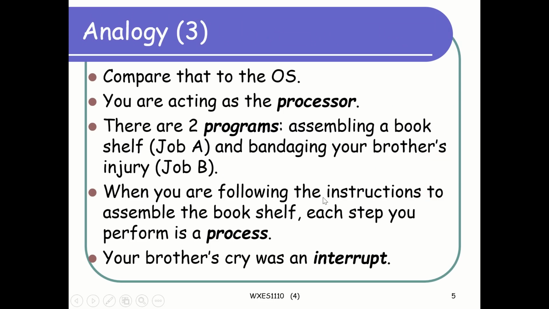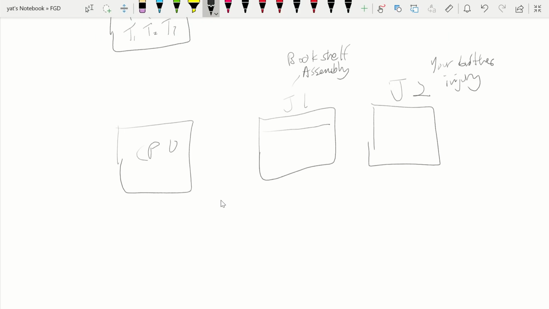When you follow the instructions for the bookshelf, each step performed is a process. So in job 1 you have process 1, process 2, and so on until process N. And of course job 2 also has process 1, process 2, and so on until process N.